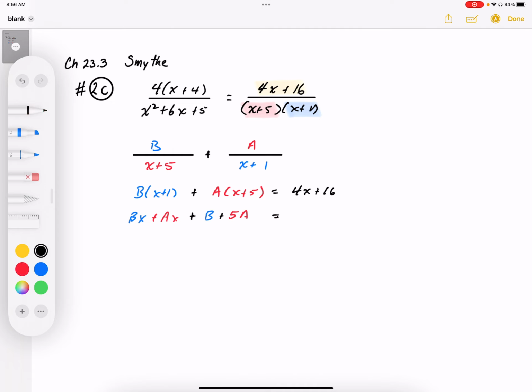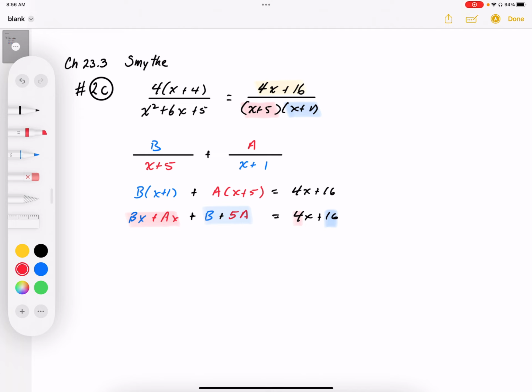And that's going to give me my 4x plus 16. And again, I'm going to group these together. So my 16 is going to be my constant and that comes from b plus 5a. And the other one, the bx plus ax, is going to give me the coefficient of 4.